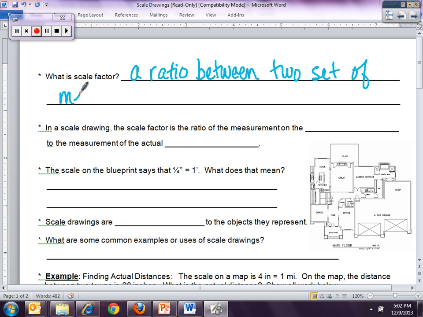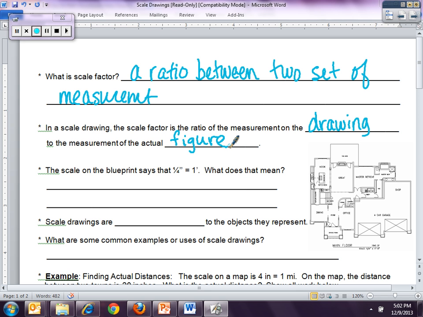Okay, so it's a ratio between two sets of measurement. All right, so in a scale drawing, the scale factor is the ratio of the measurement on, say, the drawing to the measurement of the actual figure.